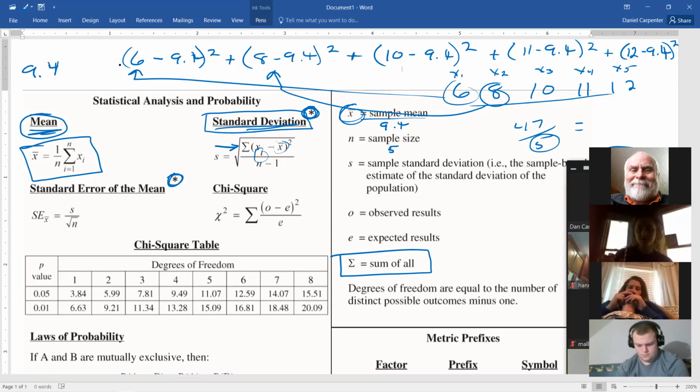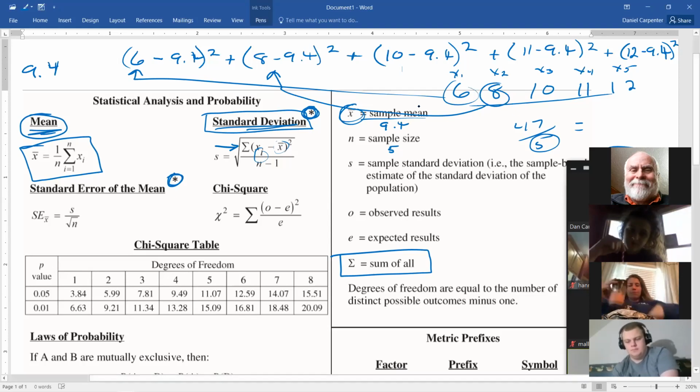And Josh, if you get a number, you can just shout it out and cut me off. Then the third one, 10 minus 9.4, close parentheses, squared, plus 11. 23.2.